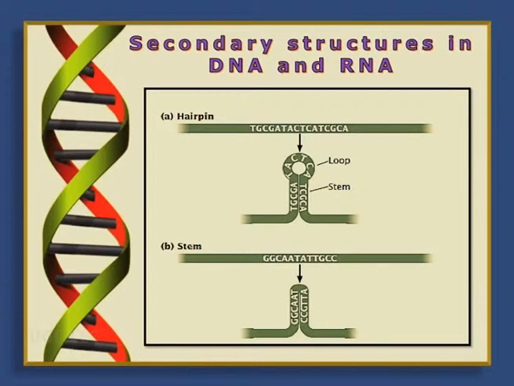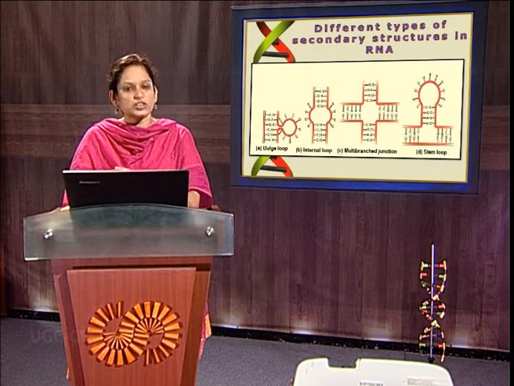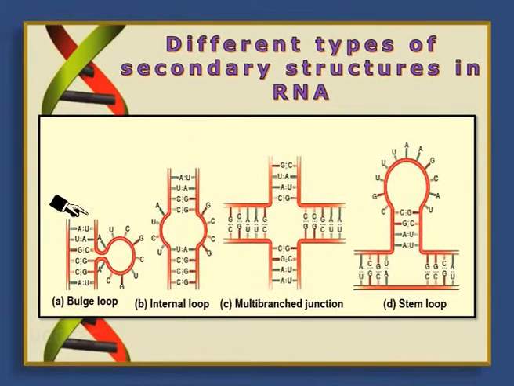It helps in regulation of gene expression, and it also is an important structural motif of the secondary structure of RNA. Apart from this hairpin, there are other secondary structural motifs such as the bulge loop, internal loop, multi-branch junctions, then we have the stem loop. All of these are formed by the folding of the primary structure and bringing close the complementary sequences present in the single-strand RNA.